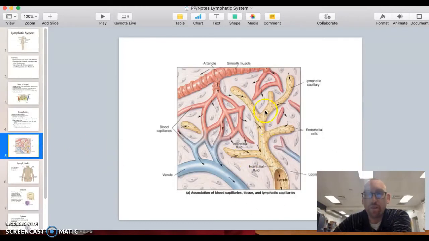So this would be an example of a lymphatic. So lymph is the fluid. Lymphatics, okay, is the actual kind of like, I guess, vein or capillary type tubes that the fluid is going to flow in to be taken back to your lymph nodes, as you can see. So those are your lymphatics.